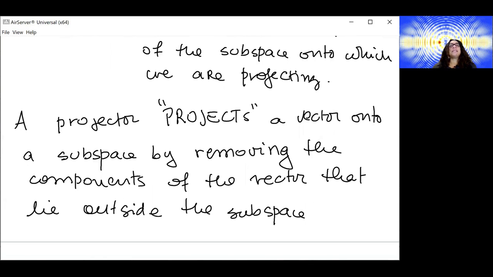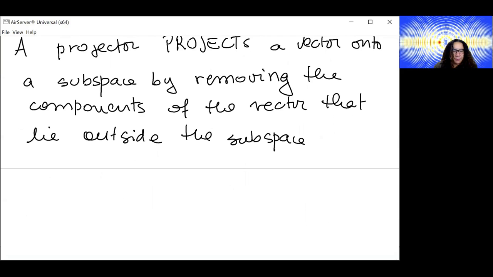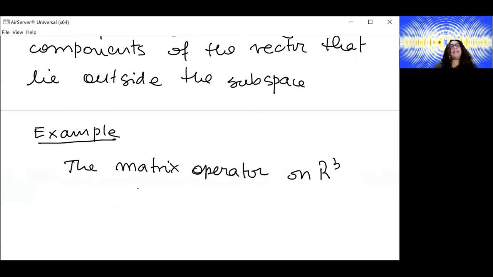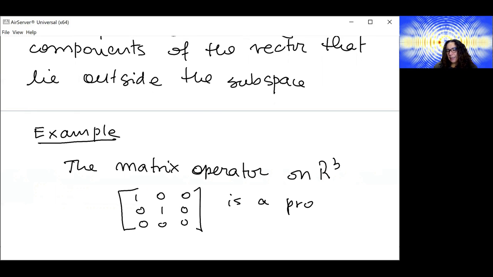Fair enough. Do you want some example? Very simple and something you may be familiar with. For instance, the matrix operator on R3 defined in this way: 1 0 0, 0 1 0, 0 0 0. This is a projector because what it does is if you multiply this by a 3D vector, it's going to eliminate its z component.